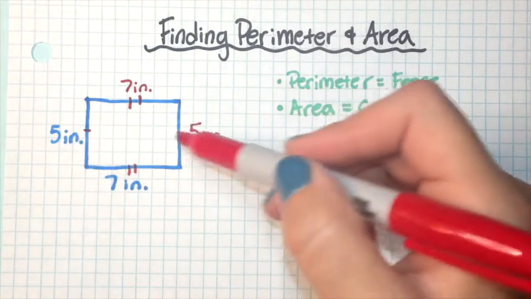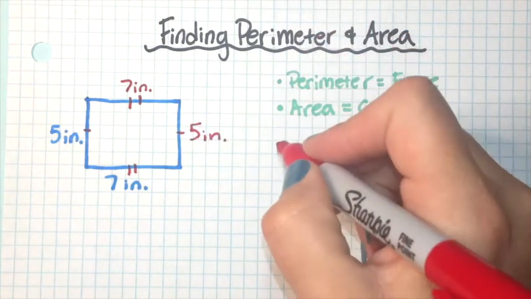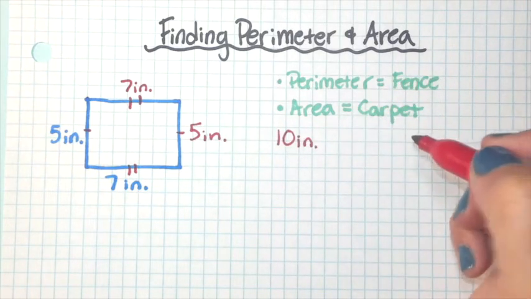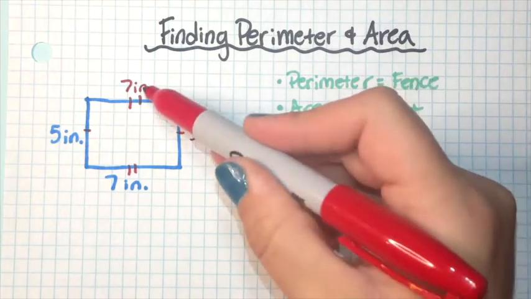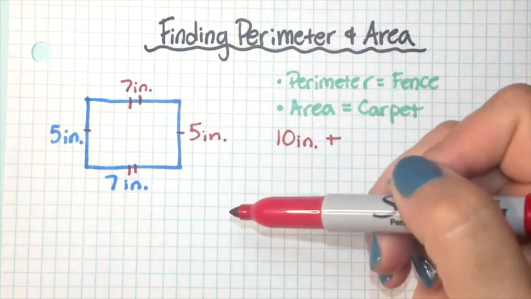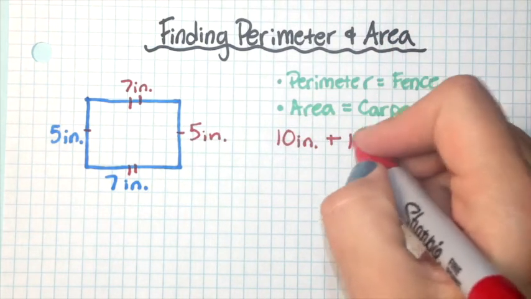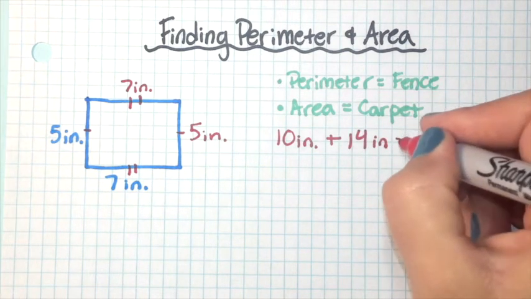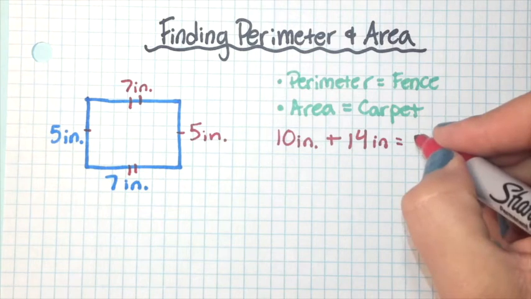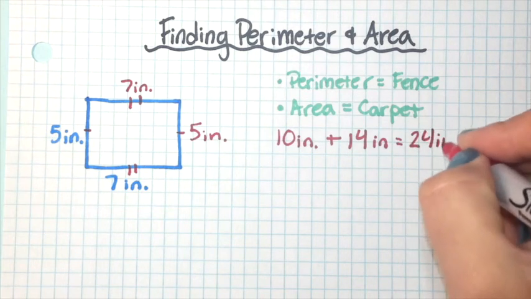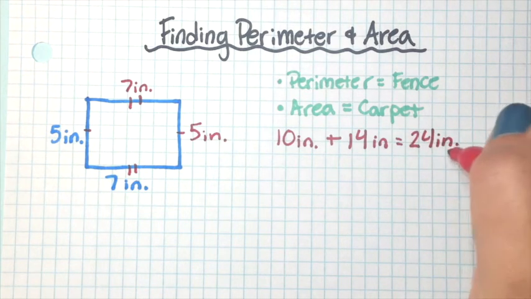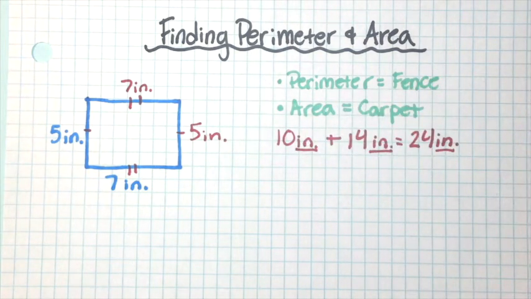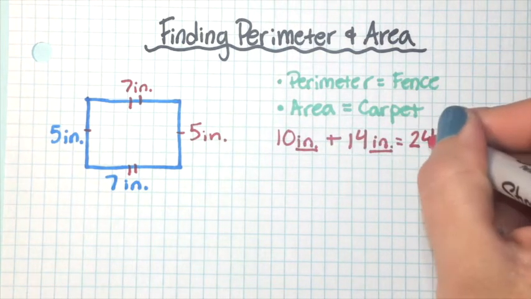Well, 5 plus 5 is 10, so 10 inches, I'm not forgetting my units, plus 7 plus 7, we know is 14 inches. That altogether is 24 inches. Notice I am not forgetting my units. No naked numbers, guys. Okay?